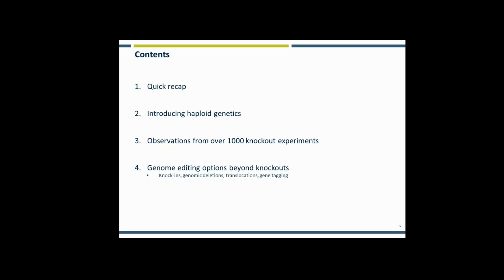I'll then show you some of the data that we've generated during the course of the 1,000+ knockout experiments that we've performed. And then I'll show you where we've taken this model in terms of the modifications that we're now engineering, the kind of efficiencies that we see, and the approach that we've taken to doing gene tagging in a scalable way.